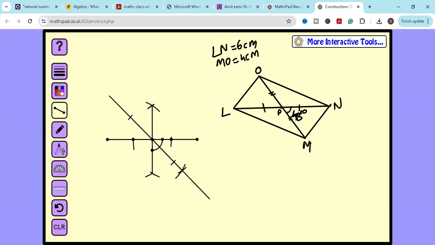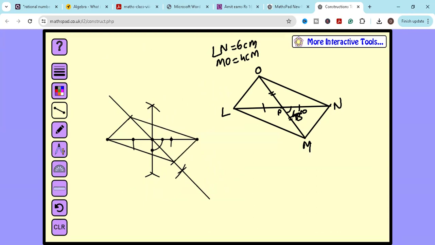Finally, connect all the points using scale. So this is LO. Okay, easy. This line is LM. Okay, this line is OM, and of course this line is MN.